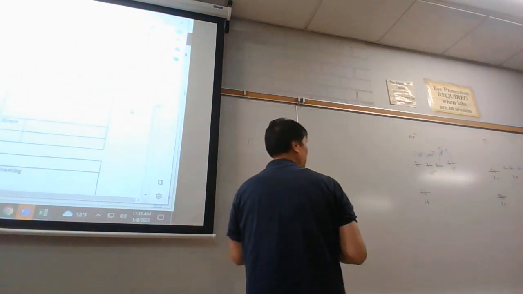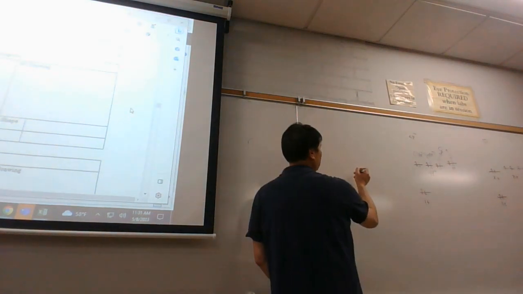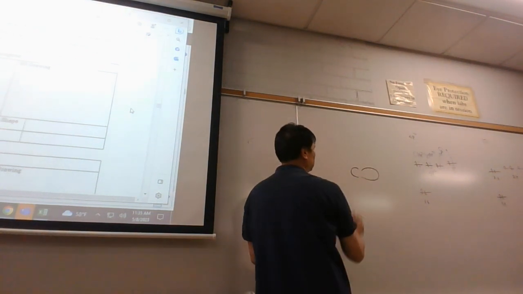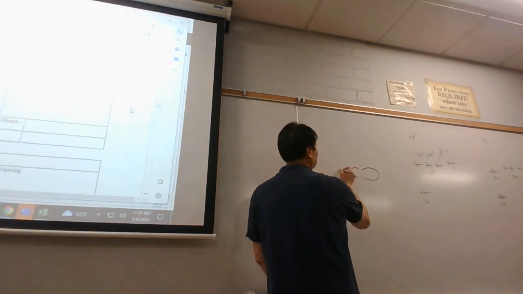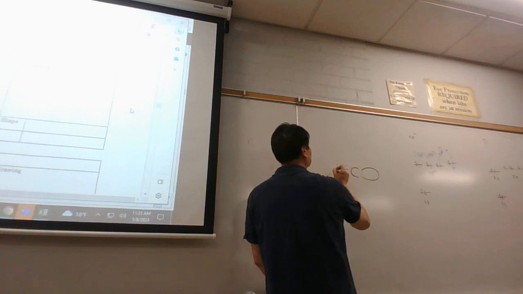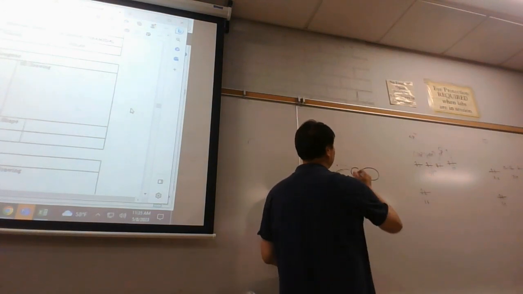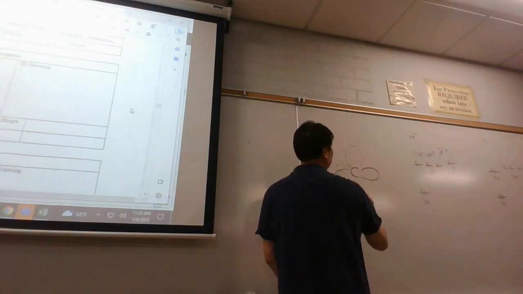Because we know the shapes of these atomic orbitals. So I'm going to draw the sp2 like this. And then that means the p orbital is going to be oriented like this. I'm going to draw the p orbital in profile.